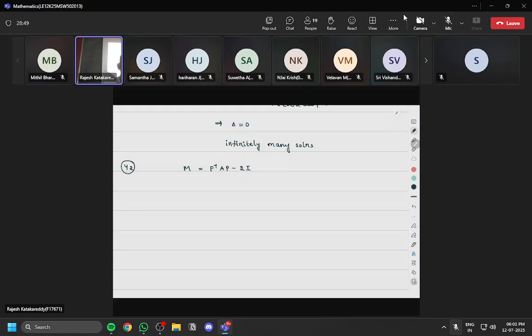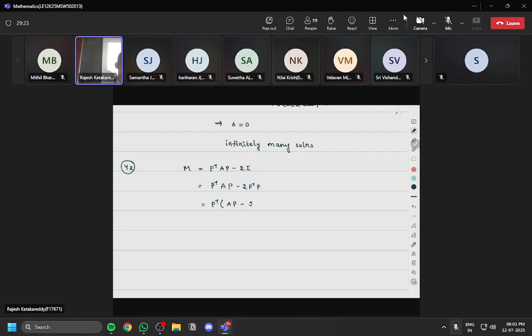The identity matrix I can write as P into P inverse, or P inverse into P. As they have given, first I'll write P inverse, then P. So it is P inverse A into P minus 2 times P inverse P. On the left side, P inverse is first, so I take it common: P inverse into A into P minus 2 times P.